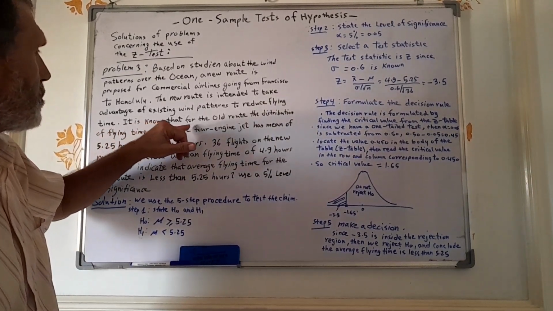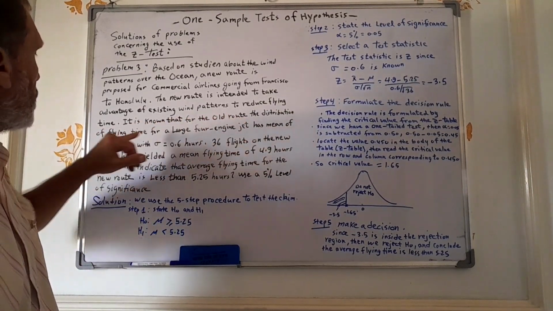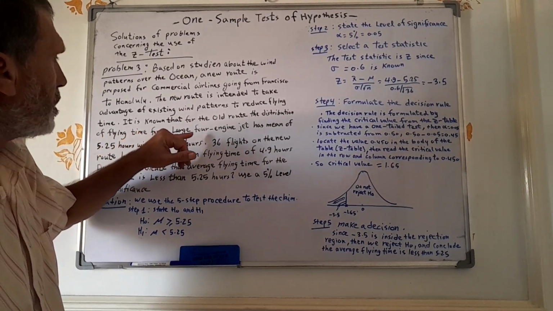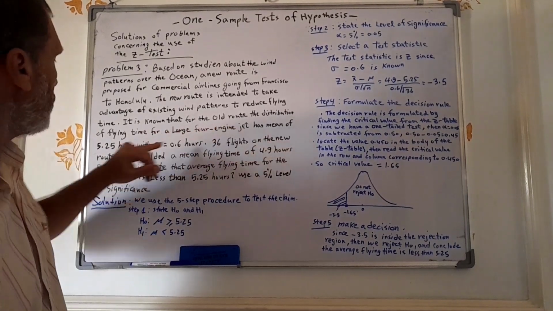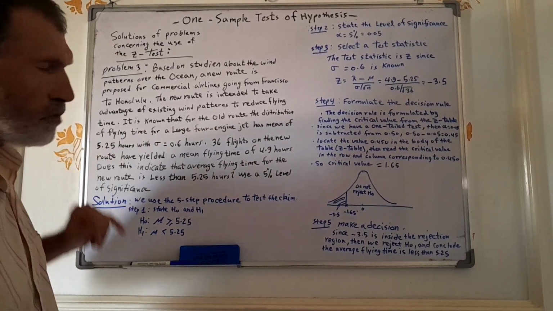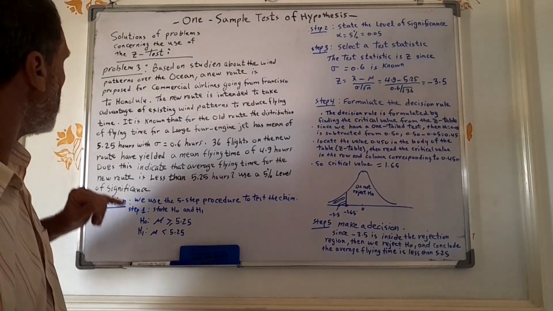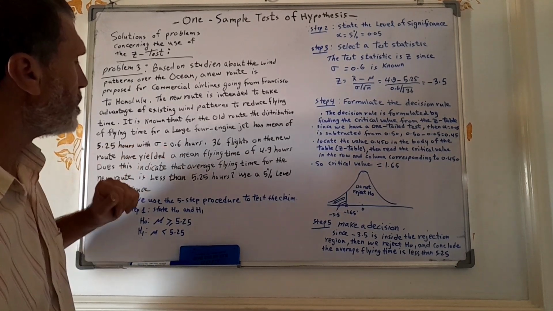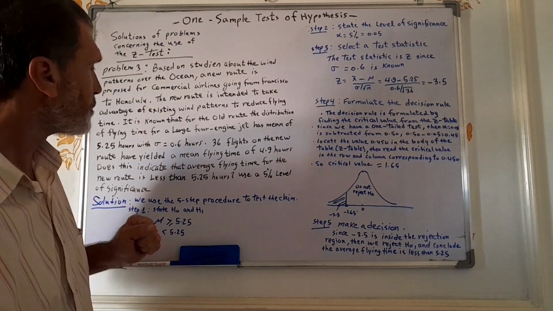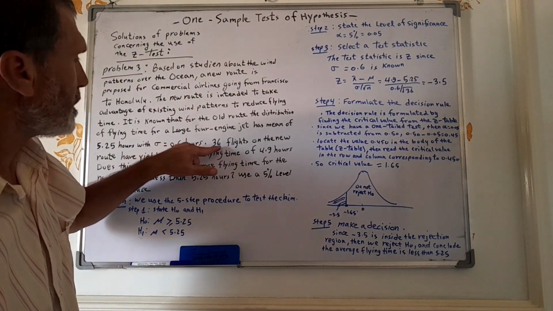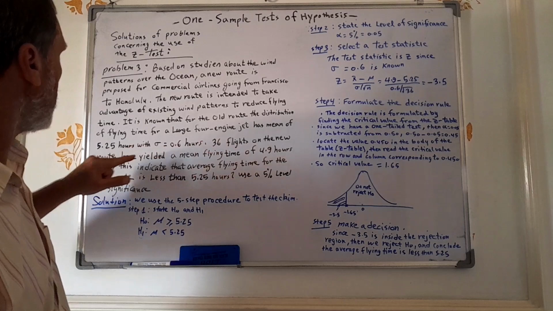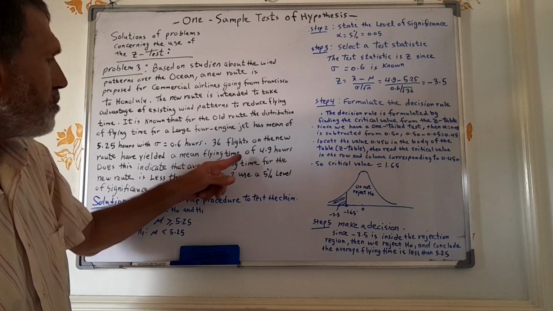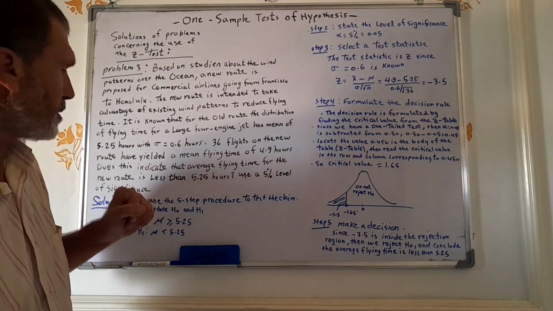It is known that for the old route, the distribution of flying time for a large 4-engine jet has a mean of 5.25 hours, with sigma equals 0.6 hours. 36 flights on the new route have yielded a mean flying time of 4.9 hours.